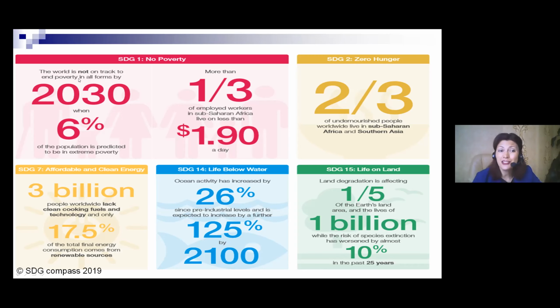Well, the world is not on track to end poverty by 2030. More than a third of employed workers in sub-Saharan Africa live on less than $2 a day. And you see the statistics here in these infographics. So probably something goes wrong, because the world is transforming, we adapt, we talk about this.